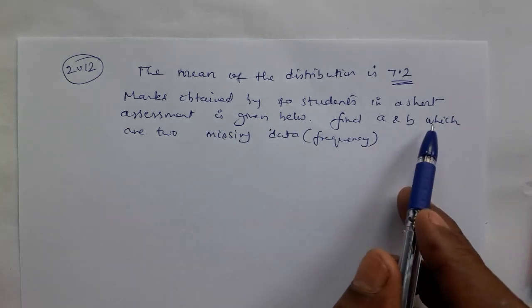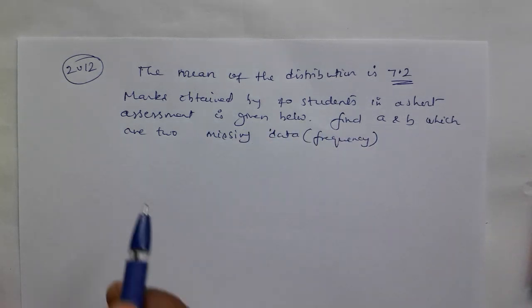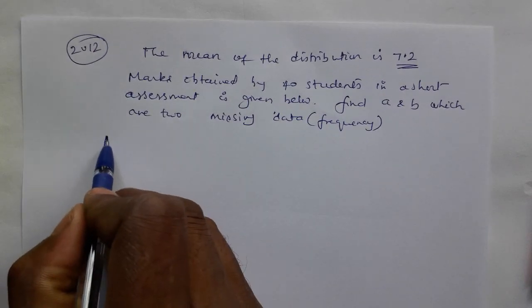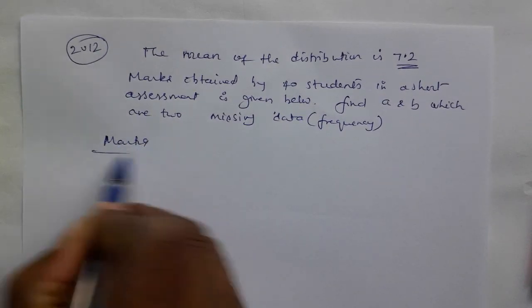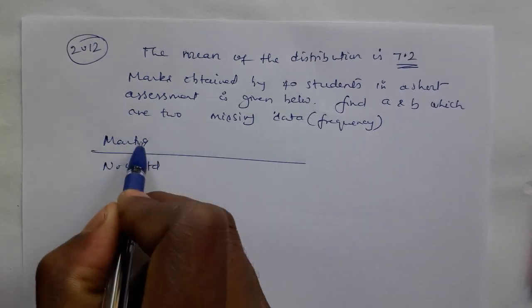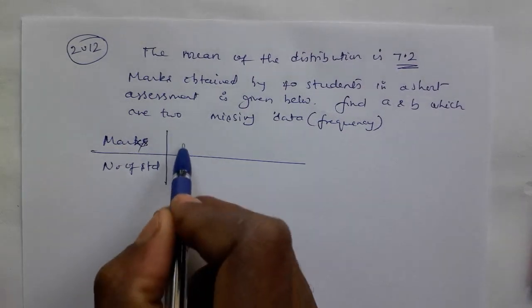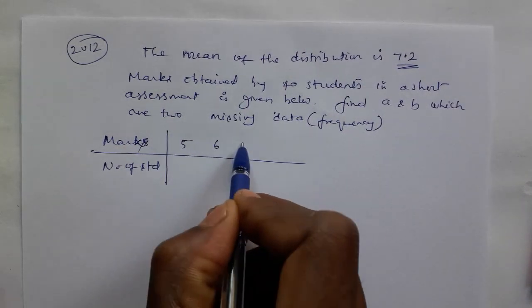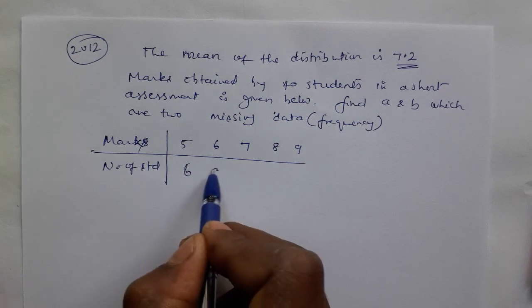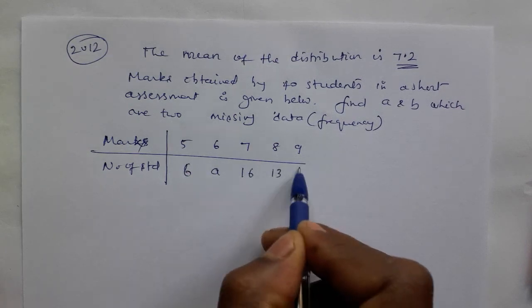Find the value of A and B, which are two missing frequencies. So in this, two missing frequencies are there. The question is marks in one row, and in the other row, number of students. 5, 6, 7, 8, 9, here 6, A, 16, 13, B.